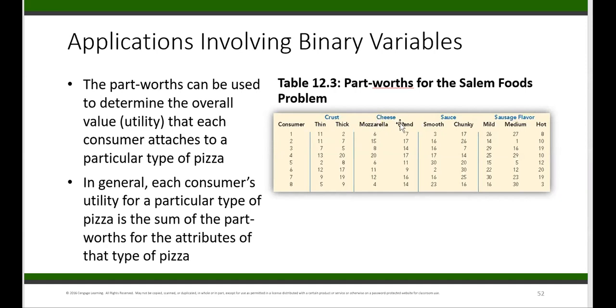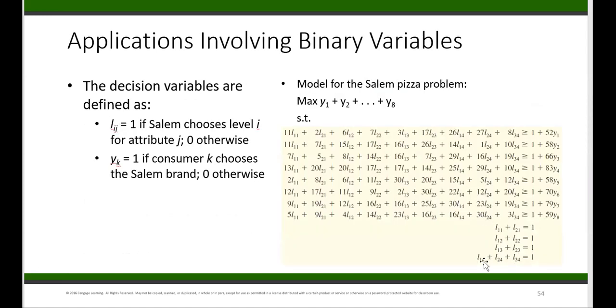L21 plus L22 is going to be 1. L31 plus L32 is going to be 1. L41 plus L42 plus L43 is going to be 1. I used attributes first and level second, but here we have level I for attribute J. But that's the same thing, right? So exactly one level from each attribute.